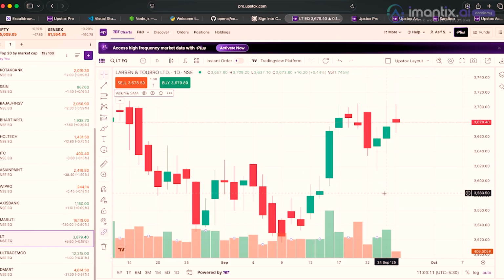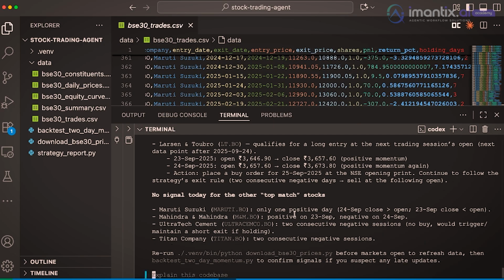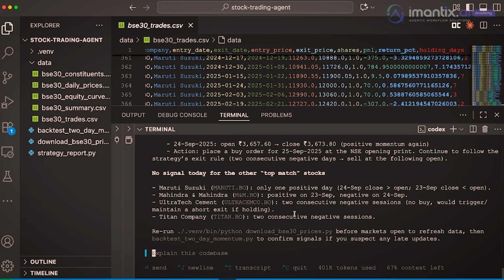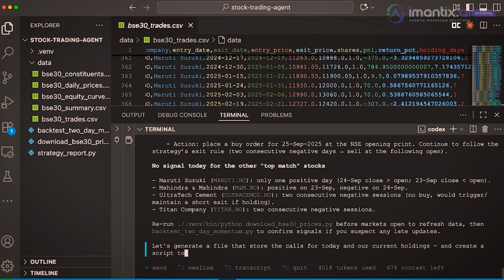Perfect. You can see L&T has been rising 2 days in a row. We would have bought today at the price of 3684. Okay, cool. So let's go ahead and do this trade. So let's generate a file that would store the calls for today and our current holdings and create a script to execute the calls for today.